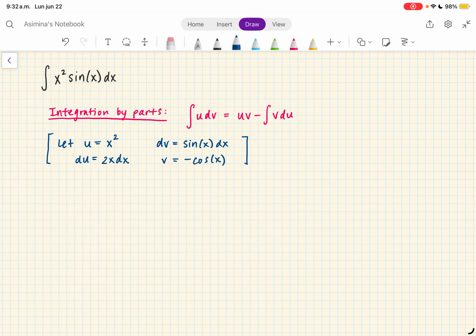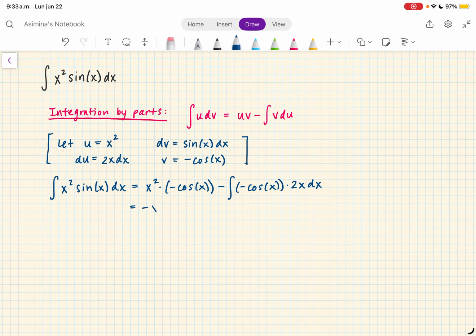So what this tells me is that the integral of x squared sine of x dx is equal to u times v minus the integral of v du. Okay, so let's do some simplification here.